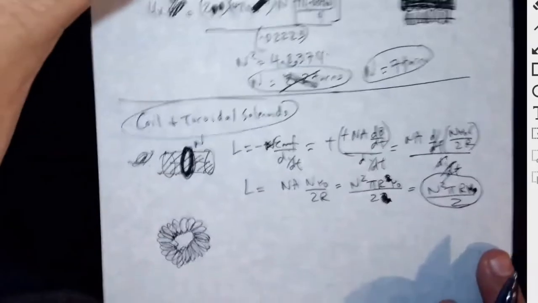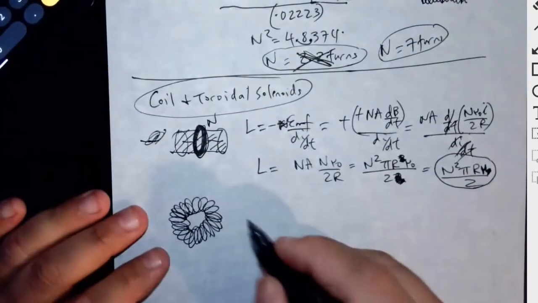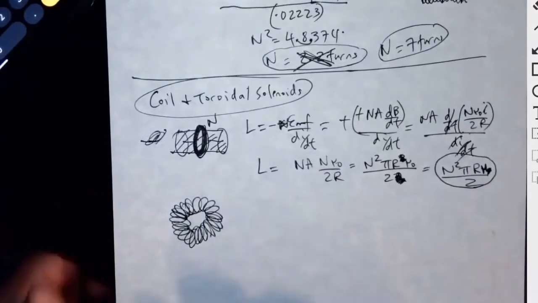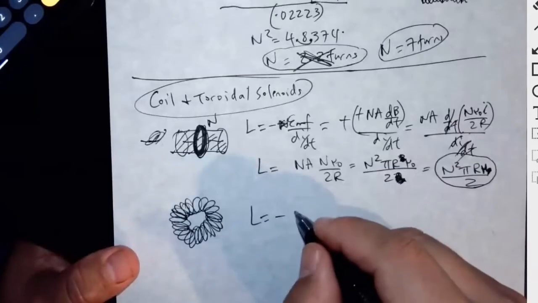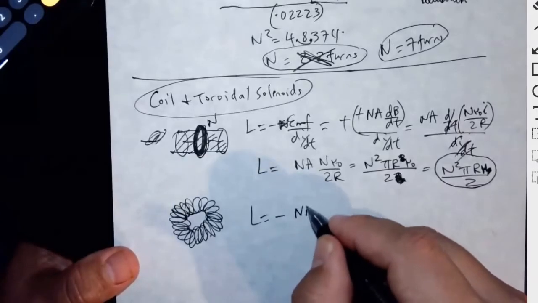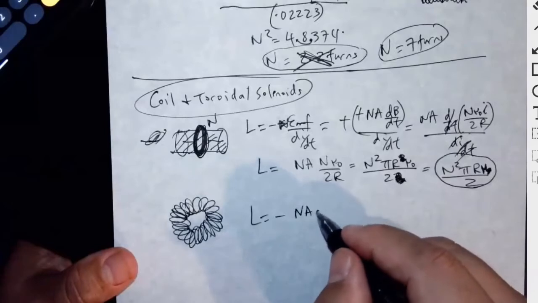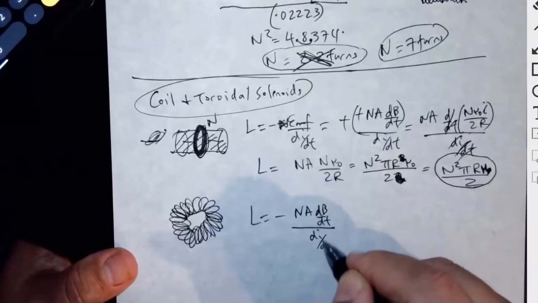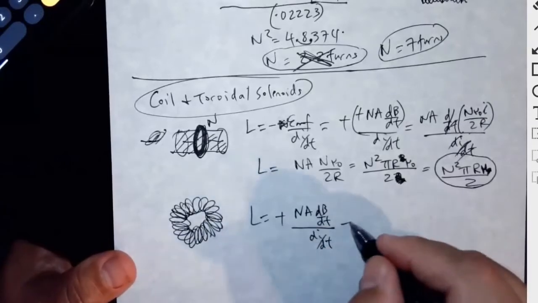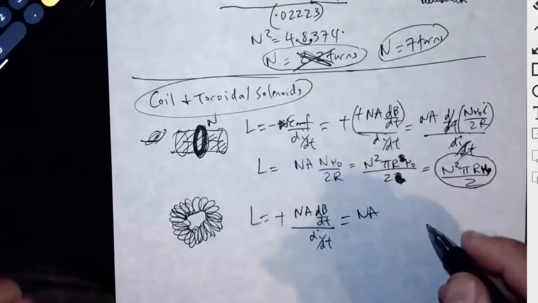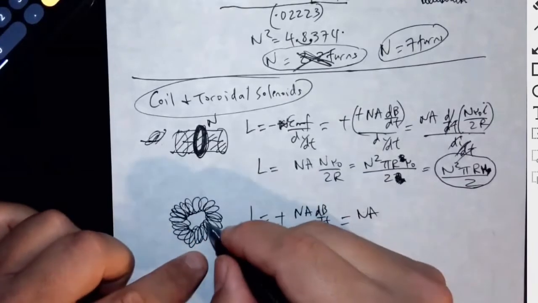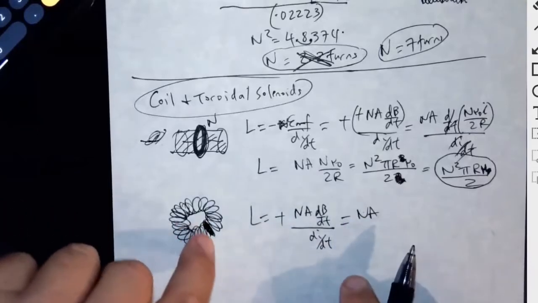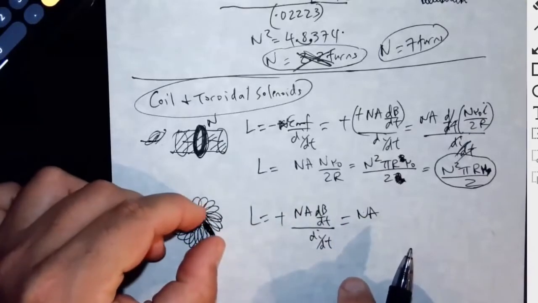So then what will the toroid be? There were a lot of these in those pictures. So then L is negative N A, then dB dt over di dt. So the negatives cancel, and then A. A is the surface area, the cross section of the toroid right there.